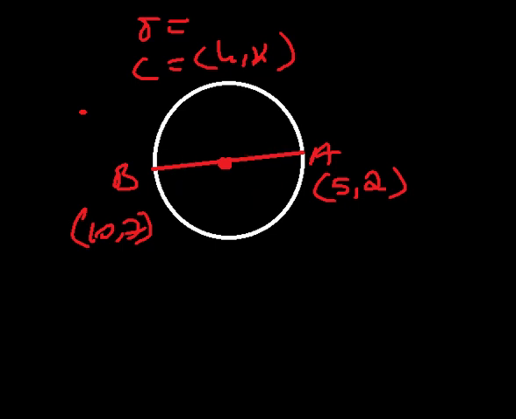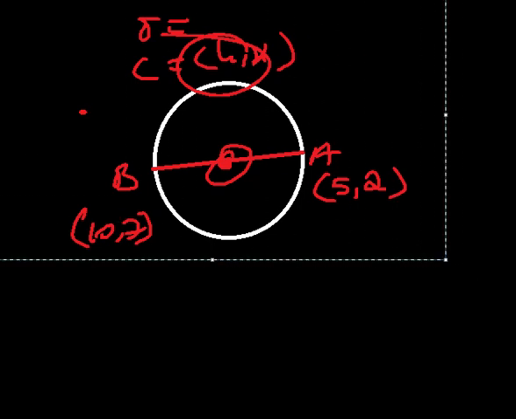You have the center of the line BA in that way, and that gives the coordinates of the center of the circle, H and K. Upon having the center, you'll be able to get the radius using the distance formula from the center to either side, either B to the center or the center to A. In that case, you have the radius as well as the center coordinates, and you'll be able to write the equation of a circle. So try to work out that problem the way I've explained here.